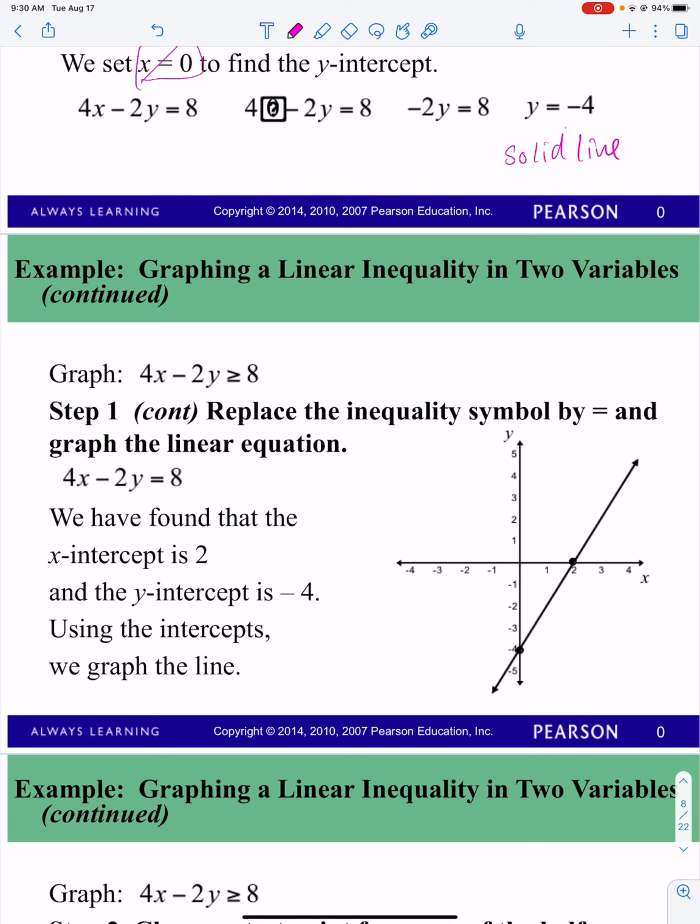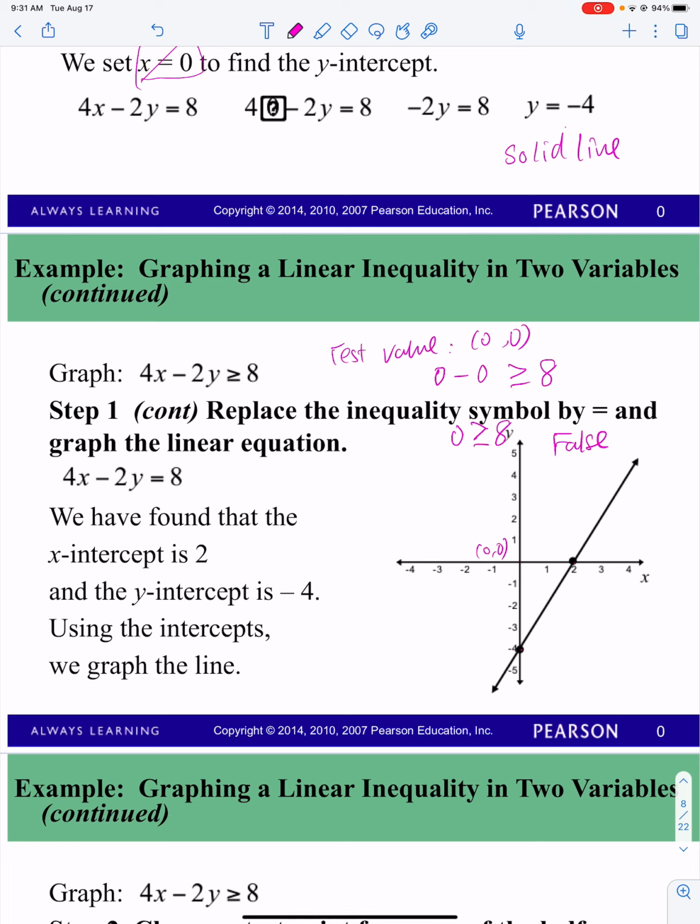Are you with me? So what test point do you want to choose here? Is 0, 0 on the line? No, 0, 0 is not on the line, so the test value is 0, 0. You put in 0 minus 0 bigger than or equal to 8. This means 0 bigger than or equal to 8. True or false? False.